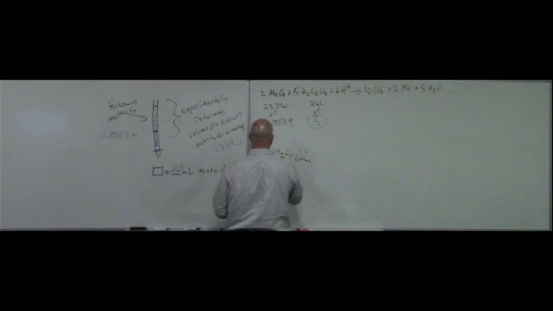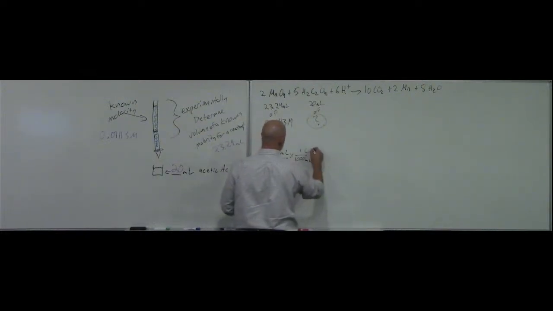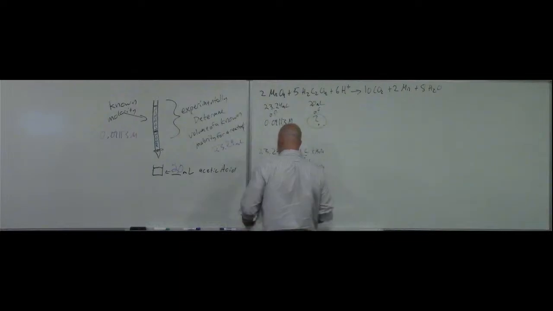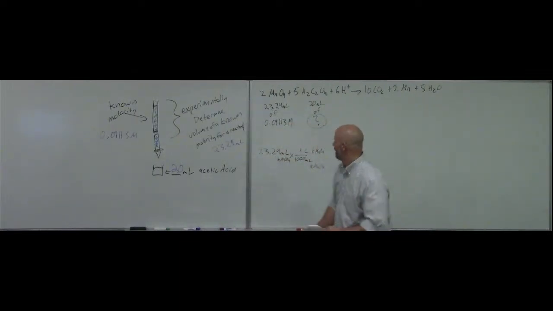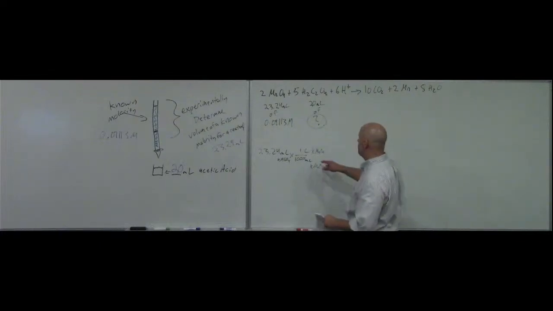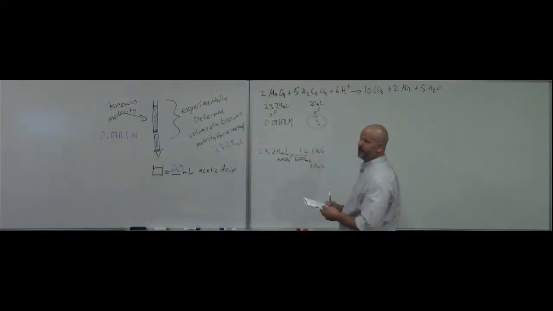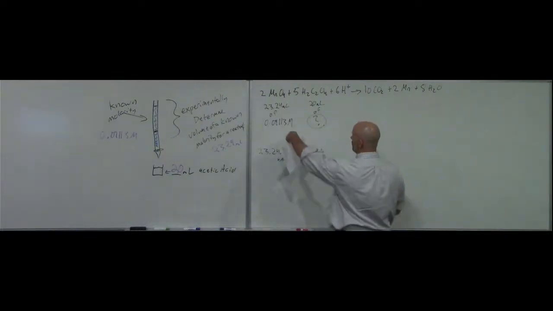And of course, I do want to mark what this is, KMnO4. All right, so at this point, I've gotten to liters of KMnO4, which is good. If I multiply liters times molarity, that will give me moles.